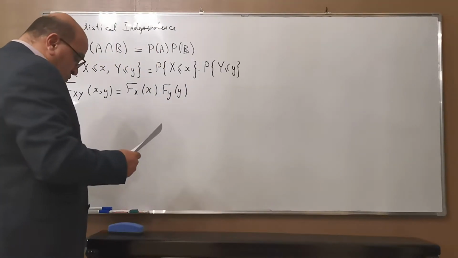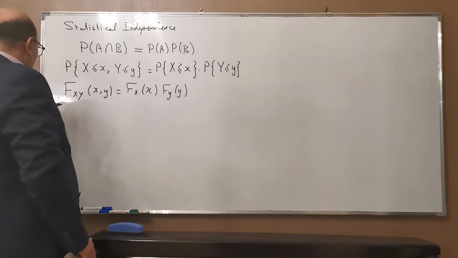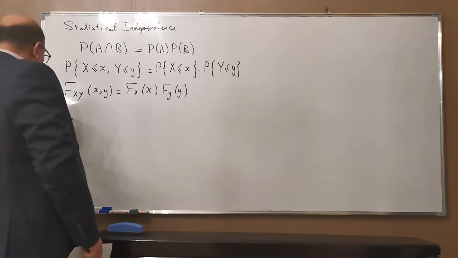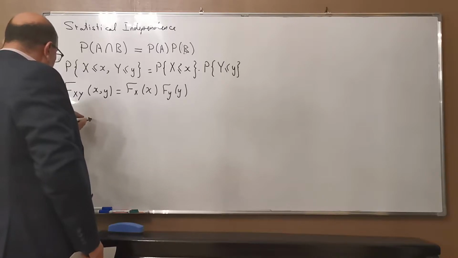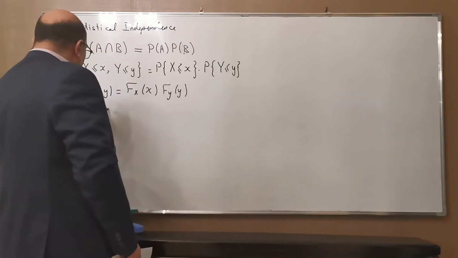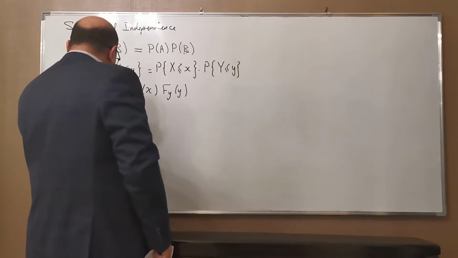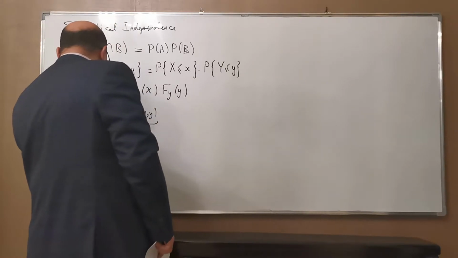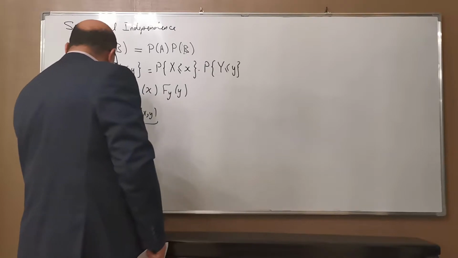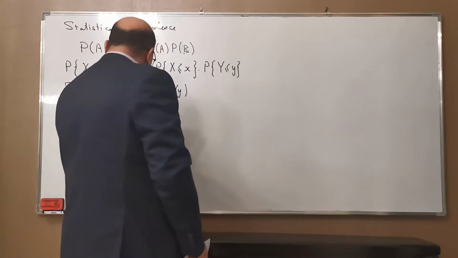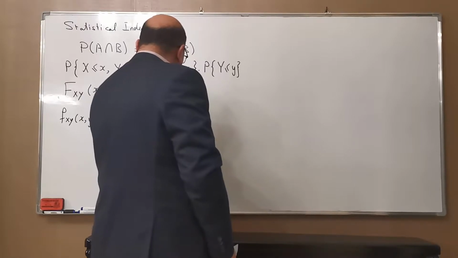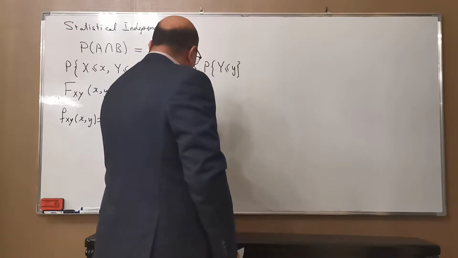Of course, if we take the partial derivative, the second partial derivative of Fxy of x and y with respect to x and y, this also equals fx of x times fy of y.